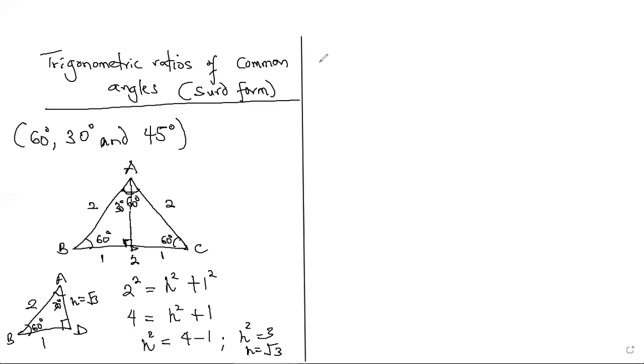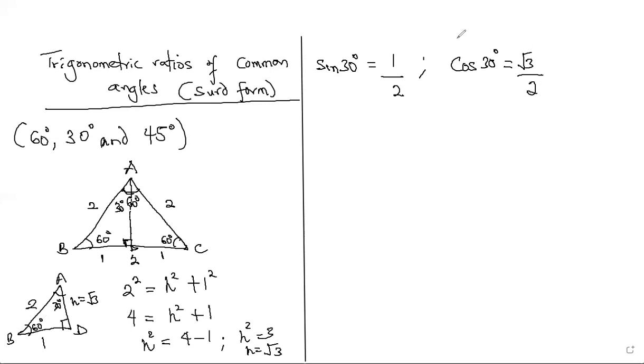So what will sine 30 give us? Sine 30 will be opposite. The side facing angle 30 is 1, so opposite 1 over the hypotenuse, which is 2. So sine 30 is half. That's very common. Then what is cos 30? Cos 30 degrees will be adjacent over hypotenuse. The adjacent to this angle will be root 3, over the hypotenuse 2.